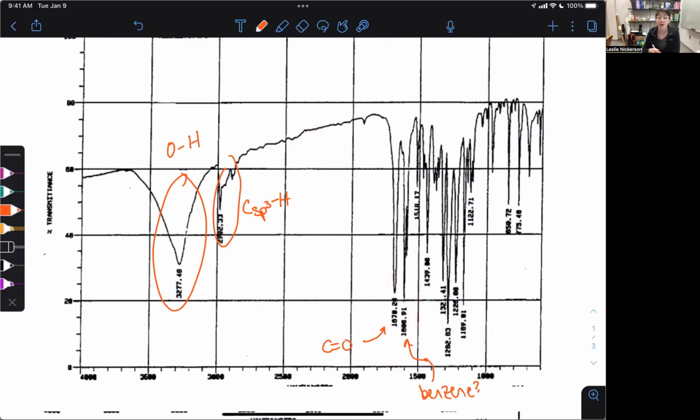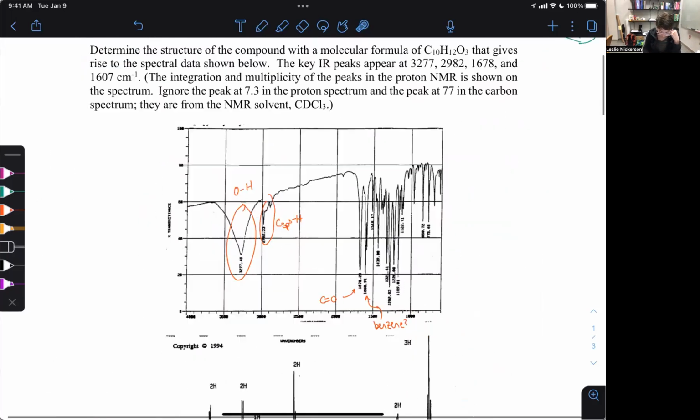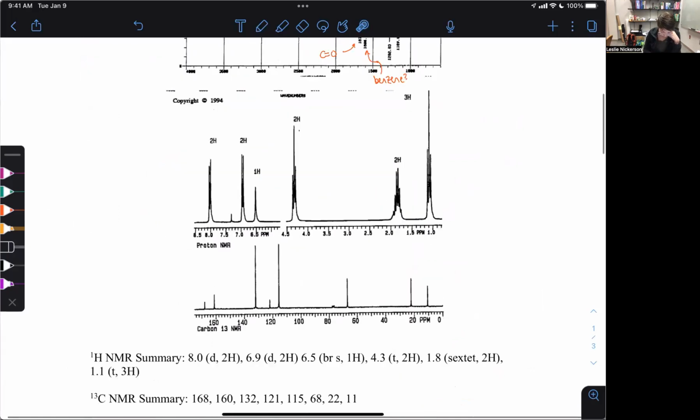So now I have another piece of evidence pointing me to benzene. That's all I'm going to do from the IR. I've seen an OH, sp3 carbons, a carbonyl probably, and most likely that benzene. So the next thing that I move on to is the carbon.